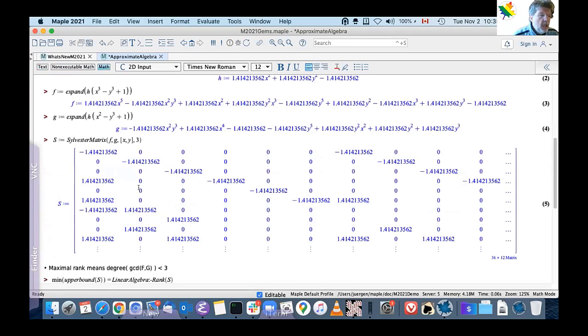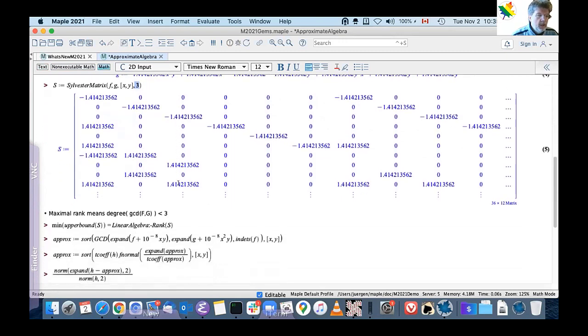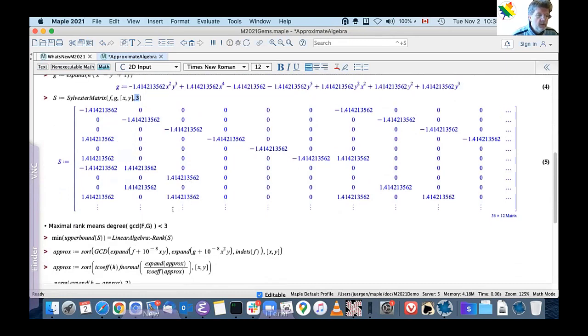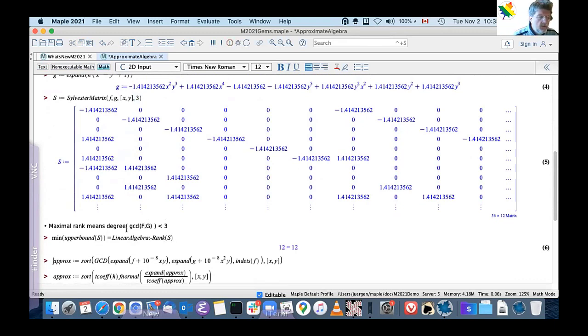And now we look at the multivariate Sylvester matrix of f and g of order 3. So you can get one for every value between 0 and the degree of the smaller of the 2 polynomials, I guess. And one property of this Sylvester matrix is that it tells us what the likely degree of the designated greatest common divisor is.